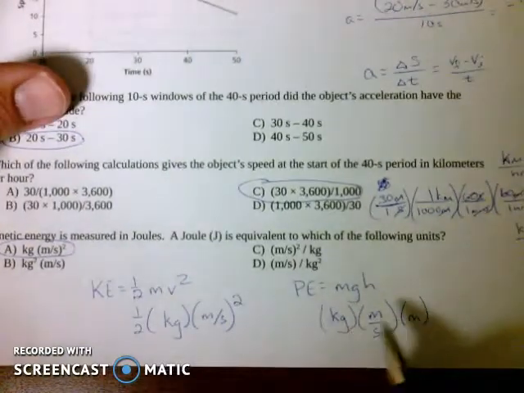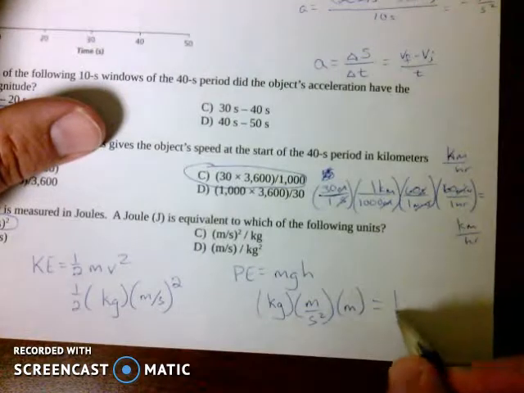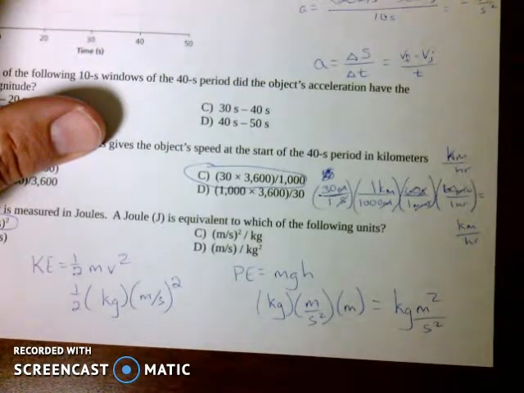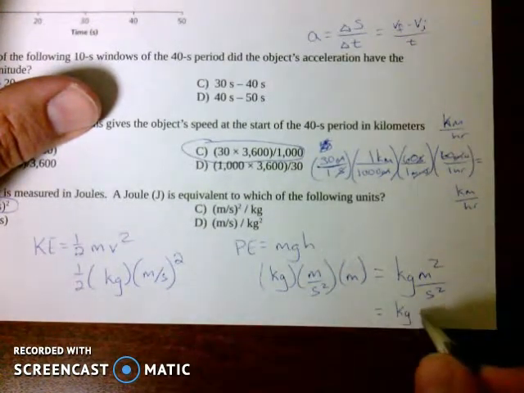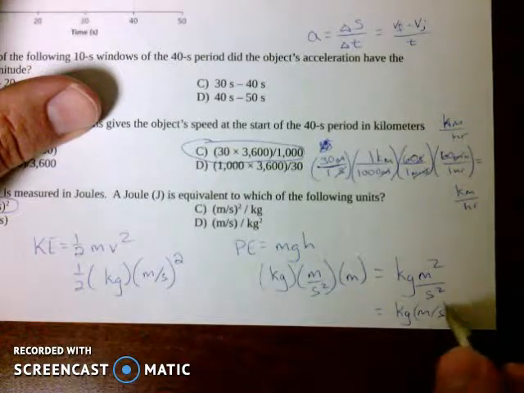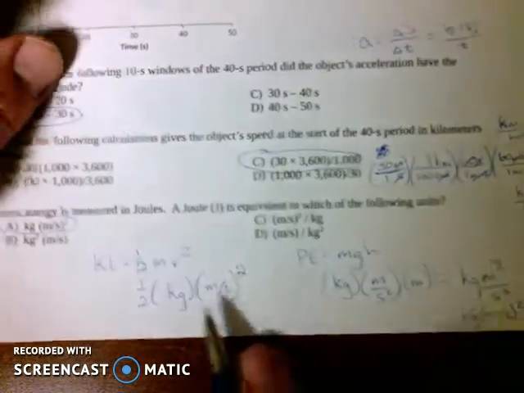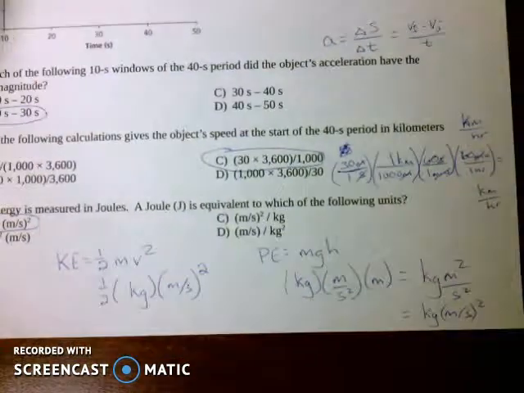So a kilogram times meter divided by second squared is equal to kilograms meters squared per second squared, which is equal to kilograms times meters per second, quantity squared. So you'll notice this is a joule and that is a joule. Both are joules. All energy is measured in joules.